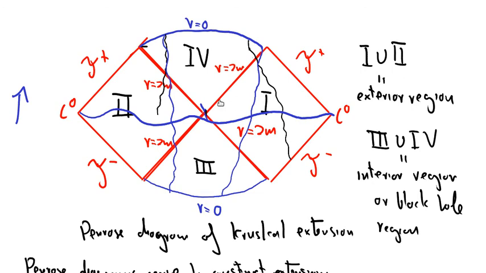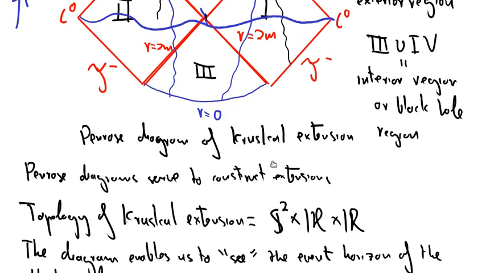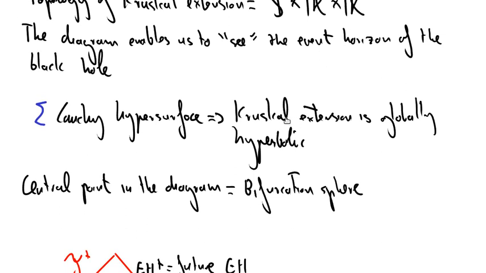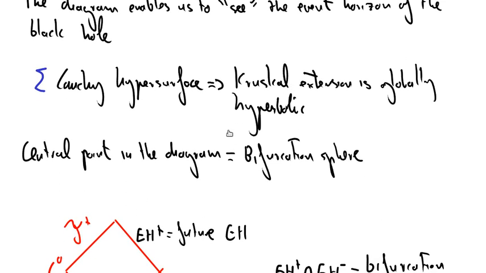Coming back to Schwarzschild, if you look at the structure of Schwarzschild, this corresponds to the so-called Rosen throat, also called the Einstein-Rosen bridge.